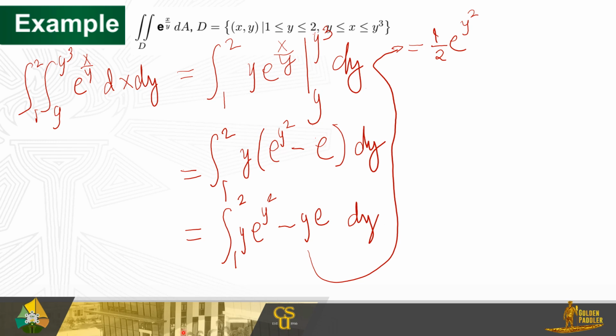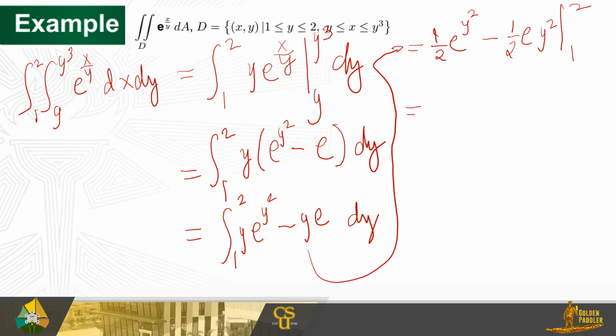Next is minus, constant lang yung e, so y square over 2. So that will become 1/2 e times y square, kasi magiging y square over 2 na yan. And evaluated yan from 1 to 2.